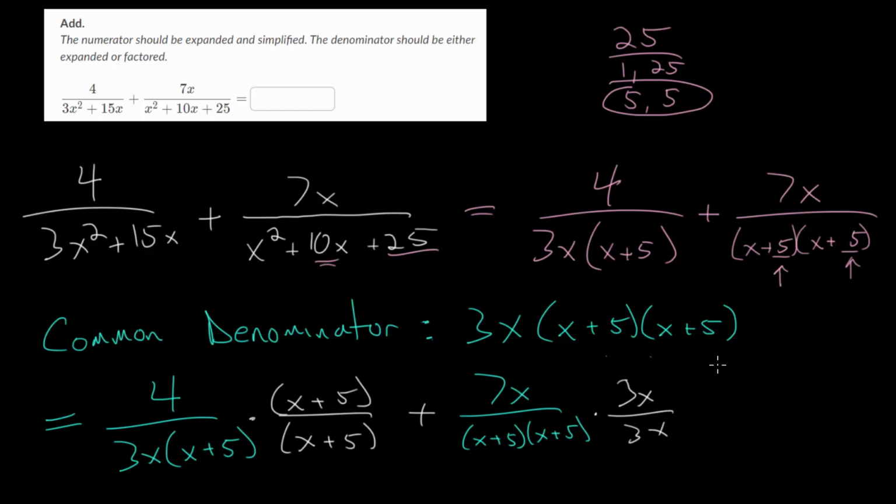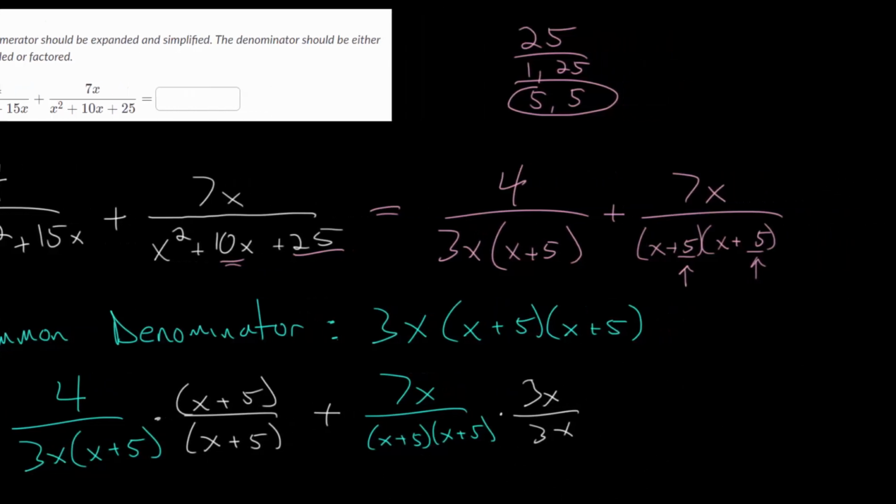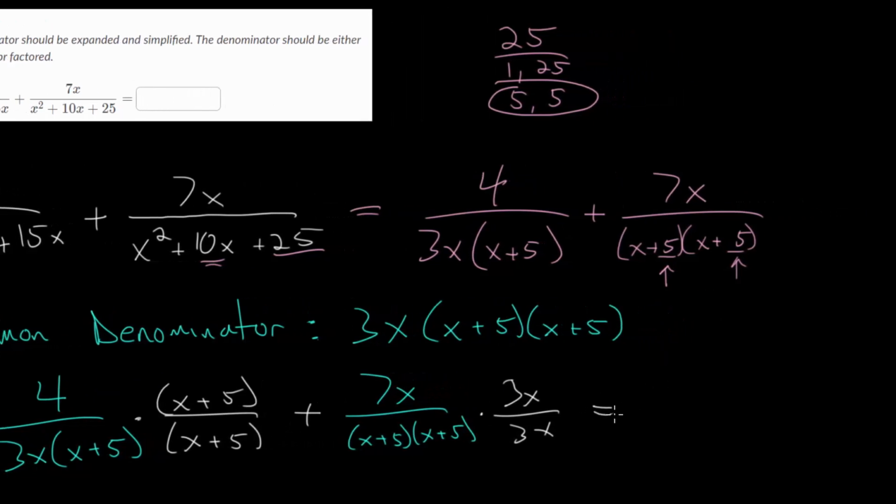And notice by following this multiplication, we do end up with the same denominator in each of these. The order is different, but that doesn't matter with multiplication. So now that the denominators are the same, we could simplify all of this into one fraction, where that new fraction will have our common denominator, 3x times x plus 5 times x plus 5, which in this case I'll just write as x plus 5 to the second power, since they mean the same thing.